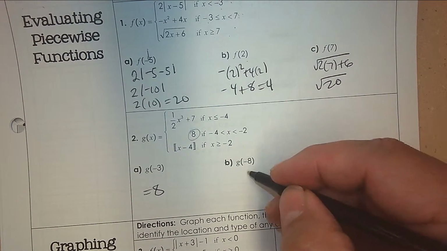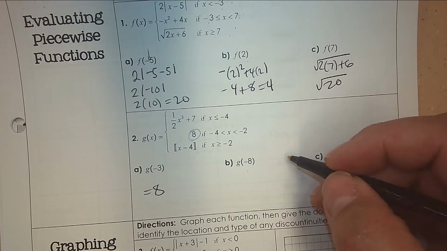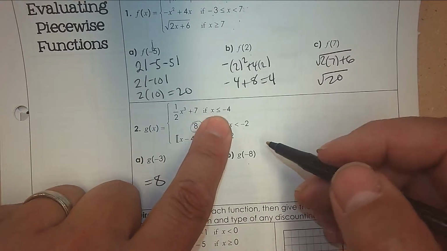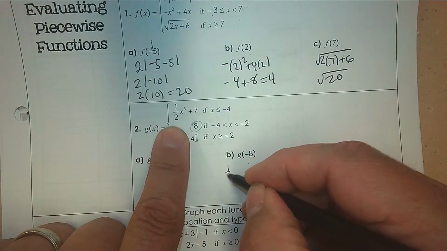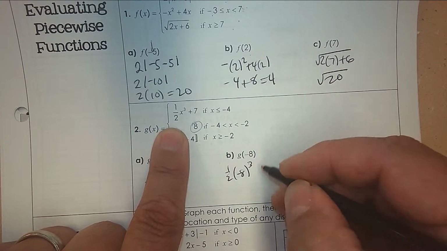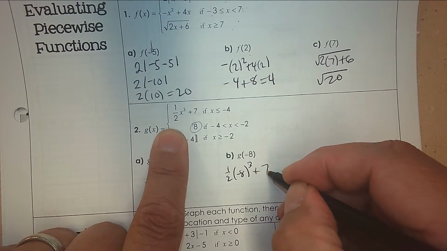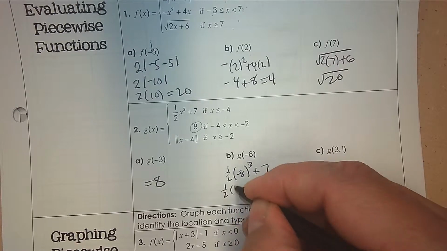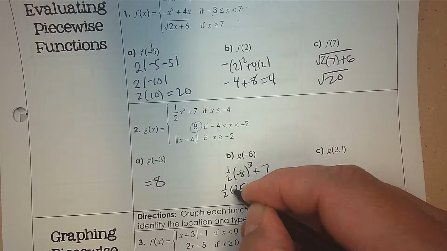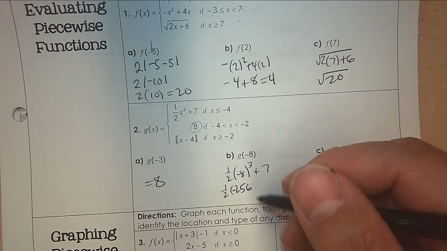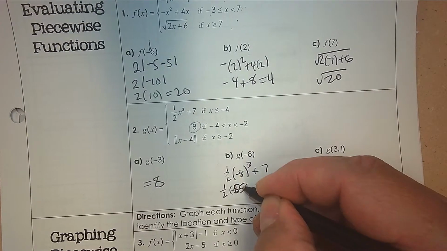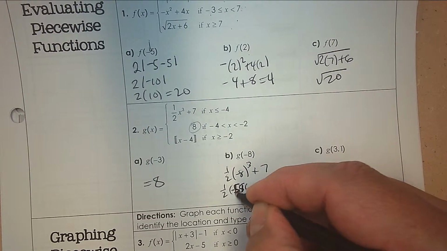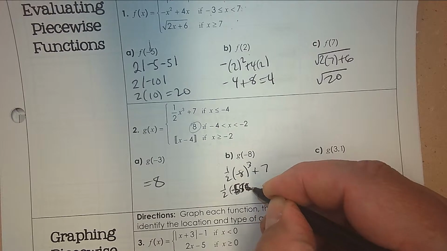For -8, what piece does it belong to? That's the top piece because it's smaller than -4. So where there's x, plug in -8 and then solve it. So that's 256, and it's -256? No, -512. Getting ahead of myself.